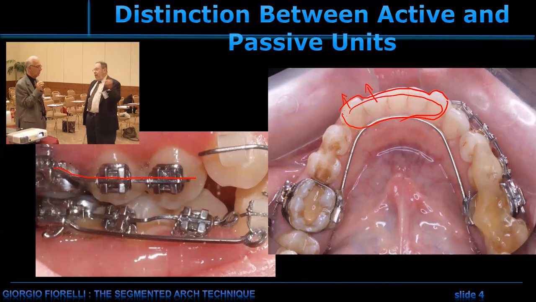This group of teeth will have a single center of resistance, and you can start thinking with force systems and with the center of rotation of this group of teeth as if it were a single tooth. So you do this solidarization of the teeth by bending a passive wire.